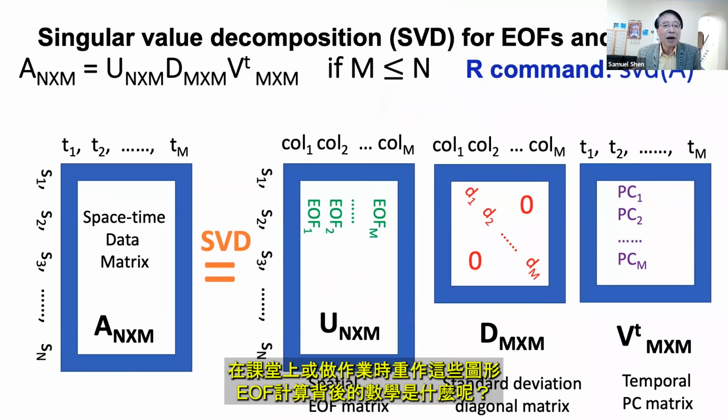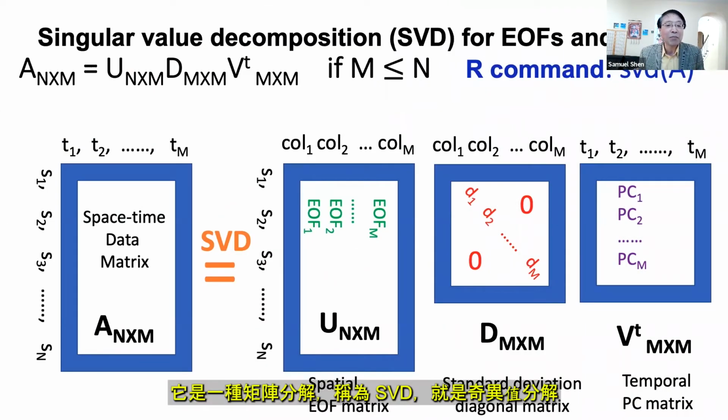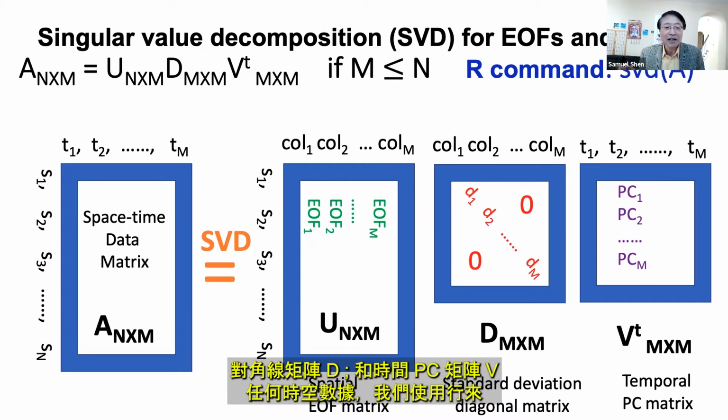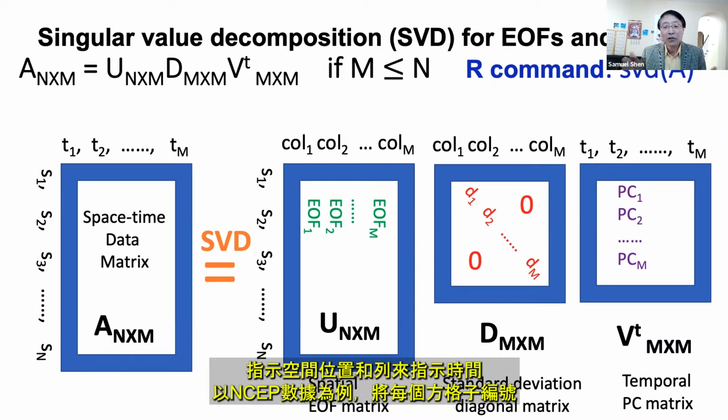So what is the math behind the EOF computing? It is a matrix decomposition known as SVD, singular value decomposition. Space-time data matrix A can be decomposed into 3 matrices: a spatial EOF matrix U, a diagonal matrix D, and a temporal PC matrix V. For any space-time data, we use rows to indicate the spatial location and columns to indicate time.